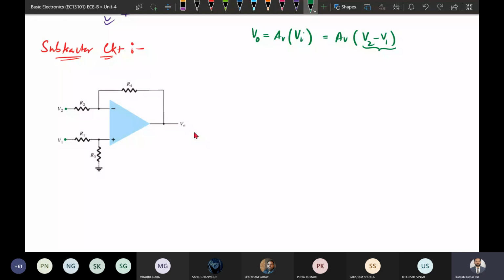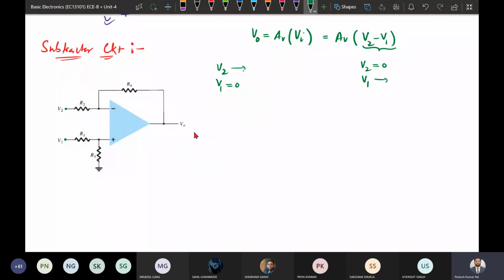Because there are two different inputs at two different terminals, inverting and non-inverting, by using the superposition theorem we will consider input 2 first, and at that time input 1 will be made 0. Similarly, in the second case, V2 we will make 0, and we will consider V1.